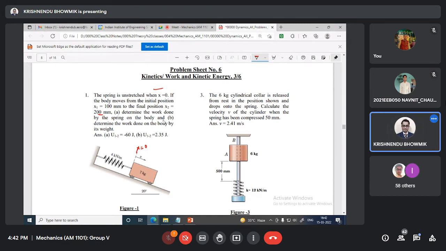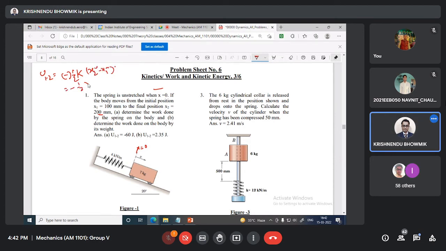First of all, the work done by the spring. For the spring, the displacement is in one direction and the force is acting in the other direction. So in that case U12 will be negative: negative half K times x2 square minus x1 square.